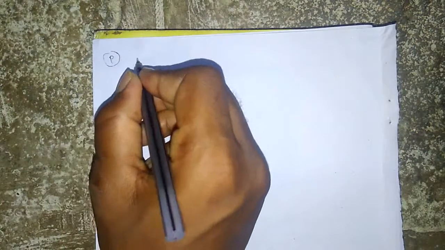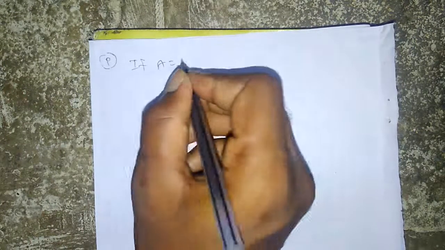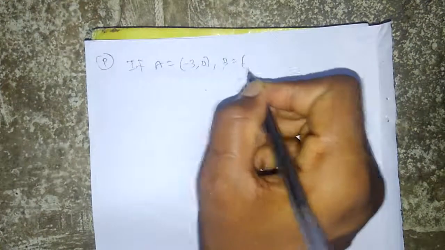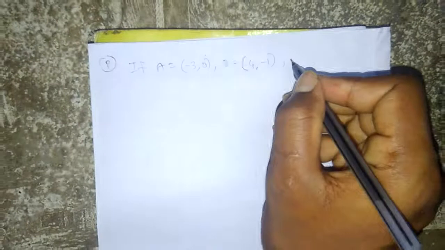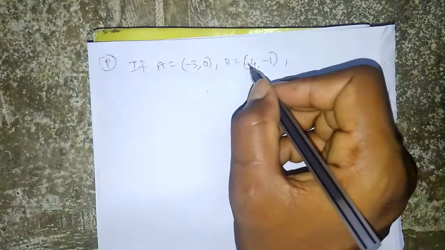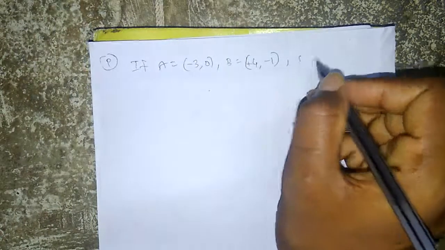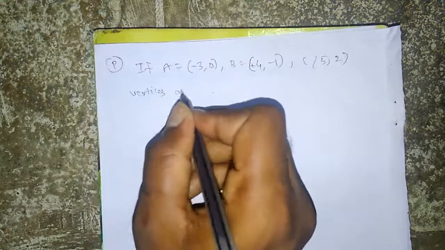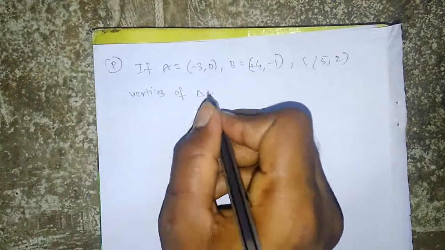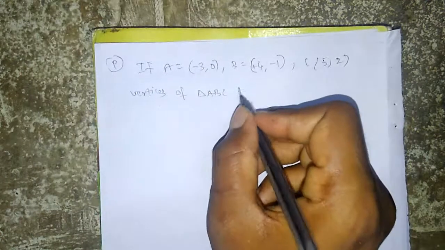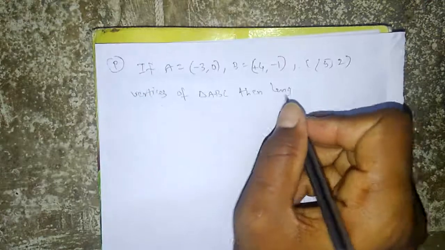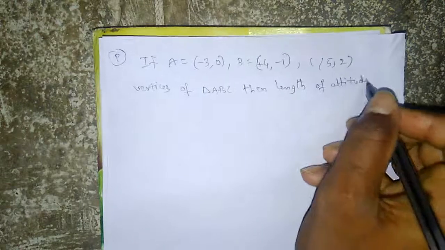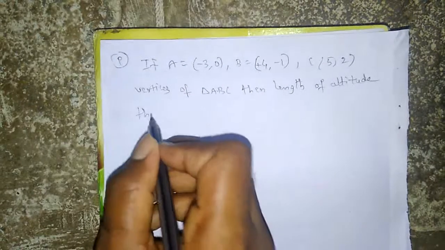Our next problem is, if A is minus 3, 0, B is 4, minus 1, C is 5, 2, are vertices of triangle ABC, then length of altitude through A is?